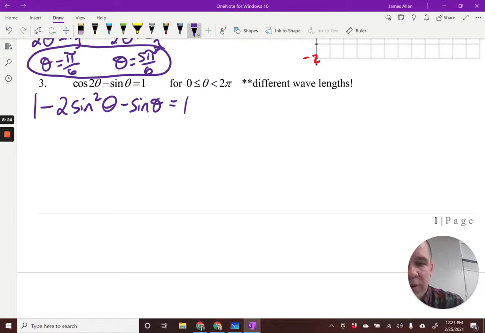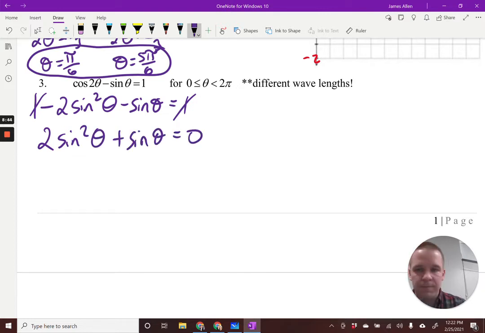Now it's all one trig function. And we've got ourselves a quadratic, but it looks like, hey, these 1s are going to cancel, right? And I'm just going to go ahead and bring everything to the other side to make it all positive. So I'd have 2 sine squared theta plus sine of theta equals 0.